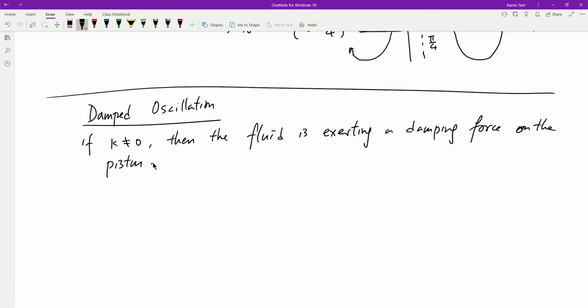Without any external force being applied to the piston, this friction would eventually slow the piston down until it stops, unless there's some kind of external force that compensates for this resistance.